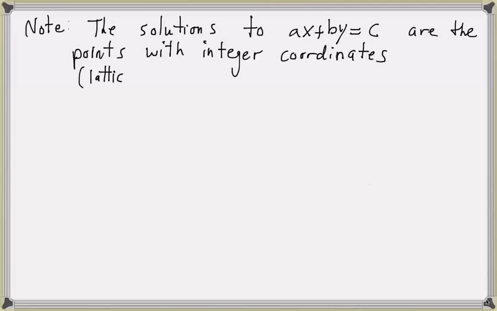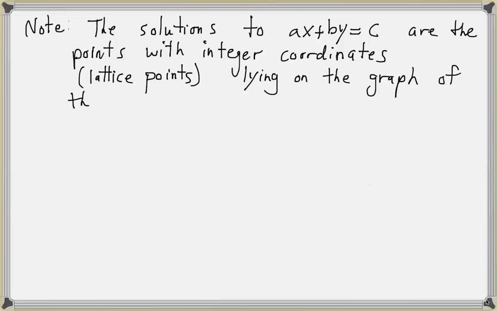Any point in the plane that has all integer coordinates is called a lattice point. So these solutions are all lattice points lying on the graph of the line ax plus by equals c.